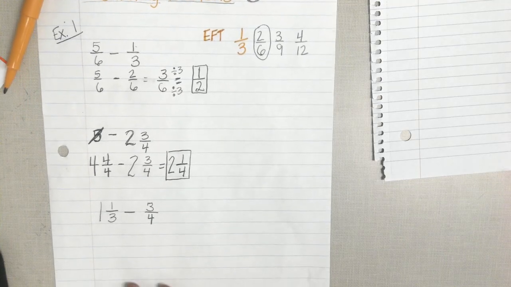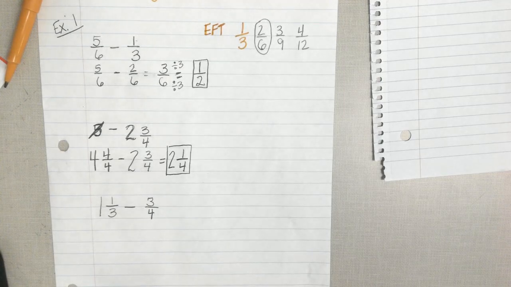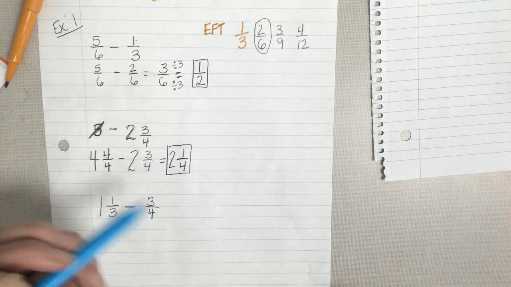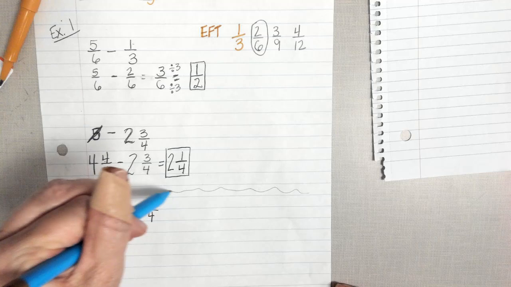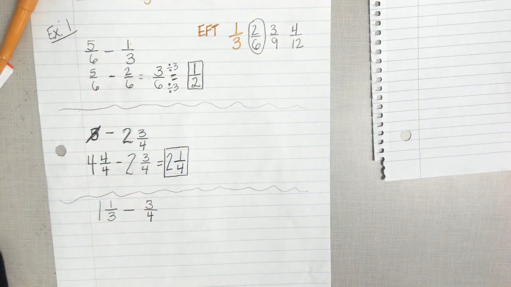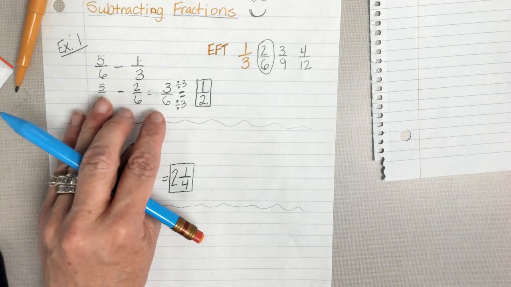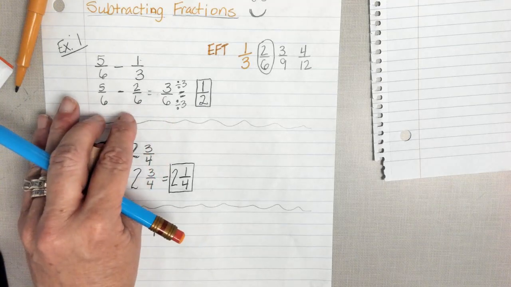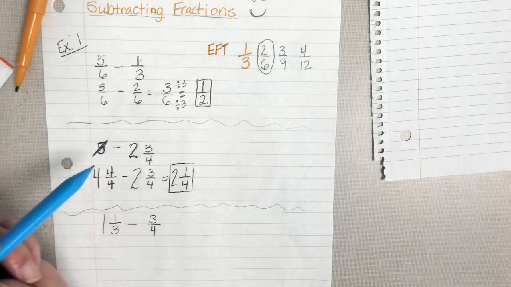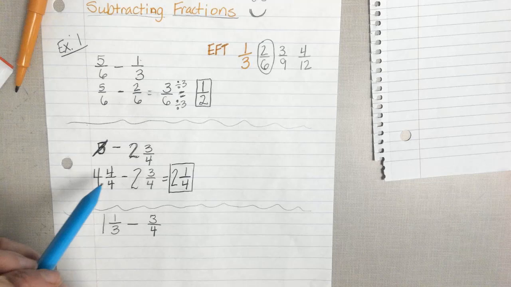All right, and now we're on to our final example. So this example is going to require us to do a little regrouping. I tried to give you an example of all types of fractions. First one was very easy, no regrouping necessary, just renaming of the denominator and then simplifying. The second one, we had a whole number with some fractions, so we had to do a little regrouping here.